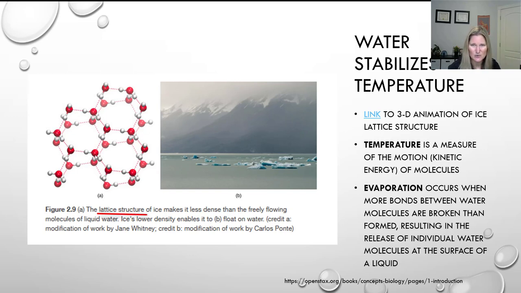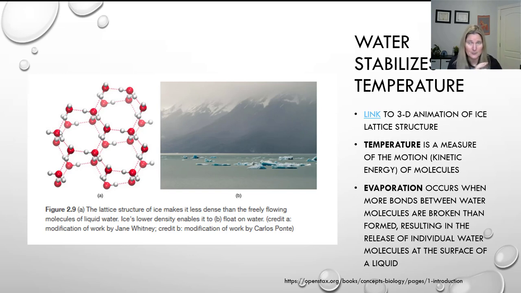So you almost get like a little crystal where you see here's one water molecule, here's another, and they're connected with this hydrogen bond. And then here's another one over here and another one over here. So you end up with this kind of crystalline lattice structure. And because of this, since the hydrogen bonds are kind of putting everybody in place, they tend to be more spread out than if these water molecules are moving more because the temperature is warmer.